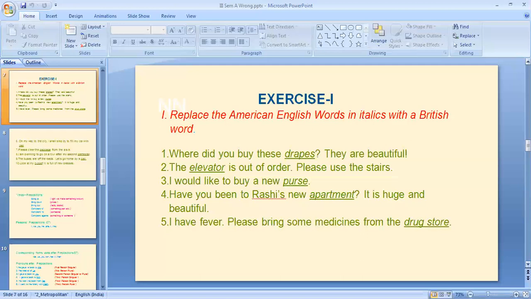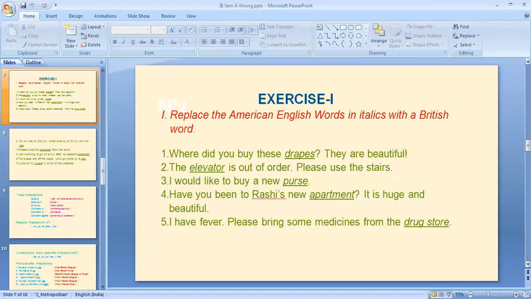It is also underlined. This word is an American English word. Britishers do not use this word in their English to refer to those things. They use another word. So now we have to pick the suitable word in British English for drapes.